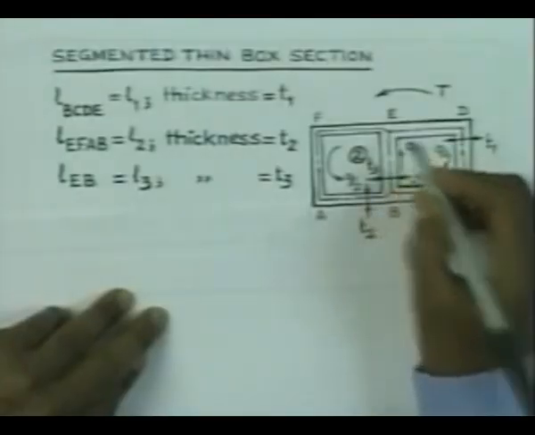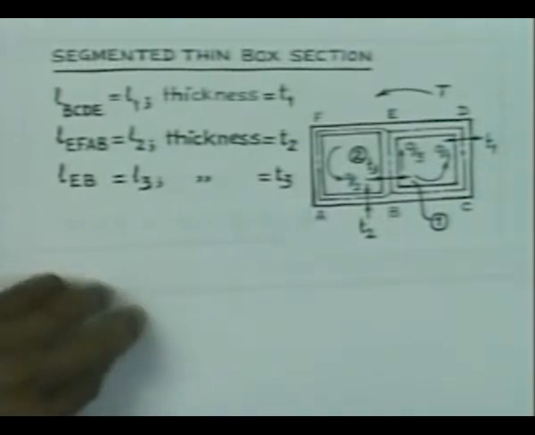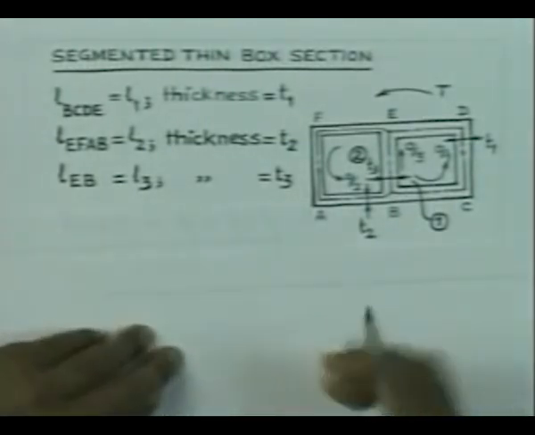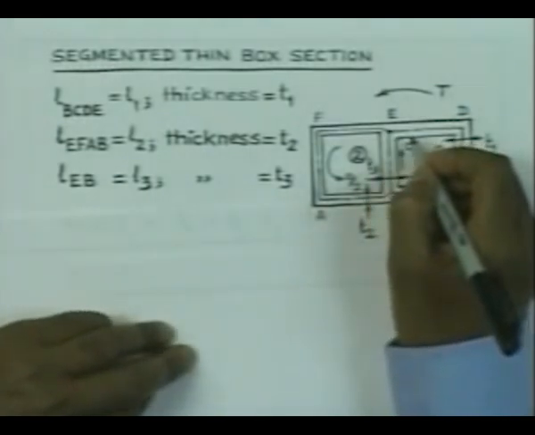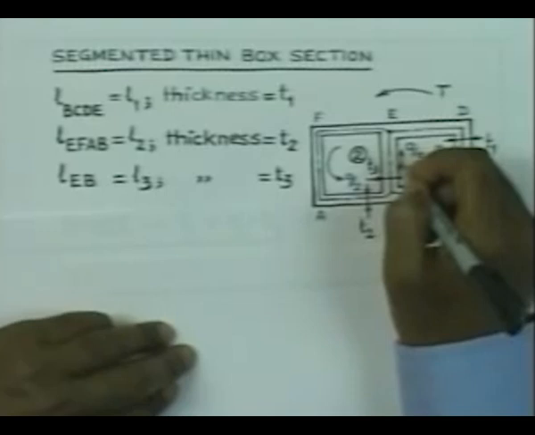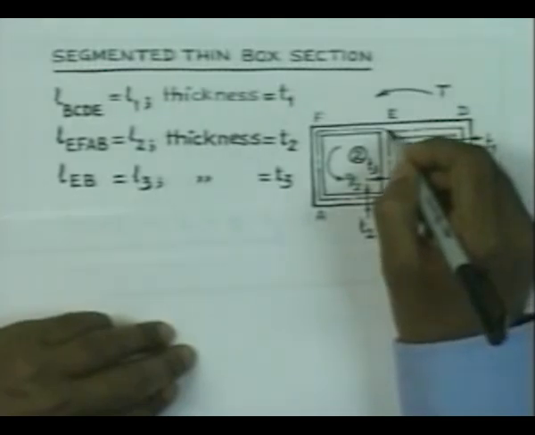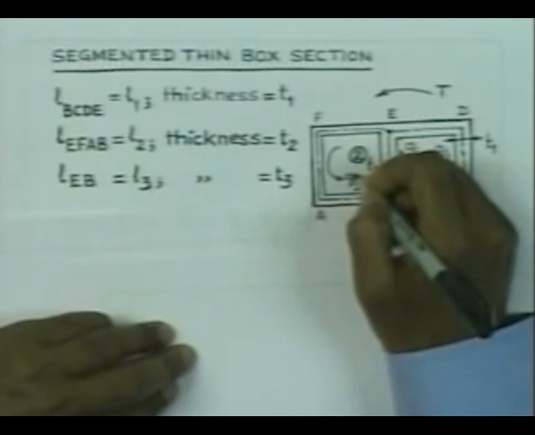Concentrate on the point E. We would now get, from the consideration of flow, this is the junction wherein you think of it that three branches of a pipe are connected. Flow coming in here is Q1, flow coming up is Q3, and flow going out in this direction is Q2.